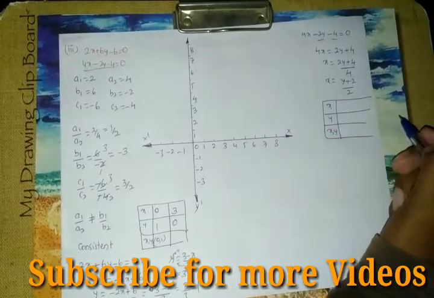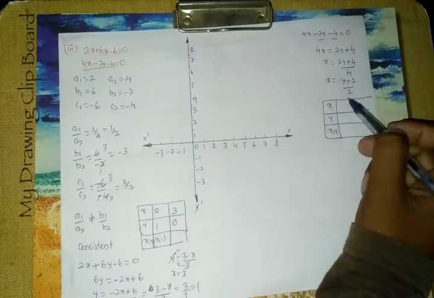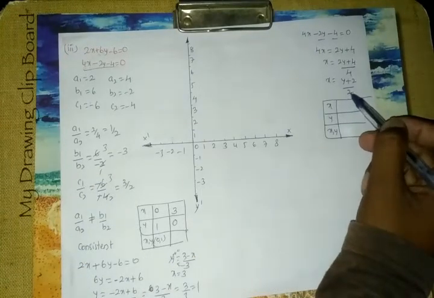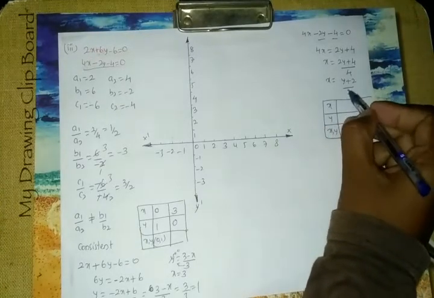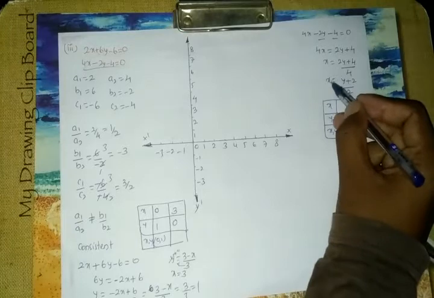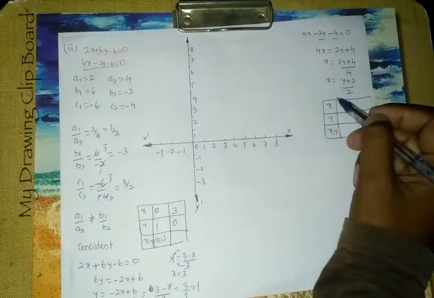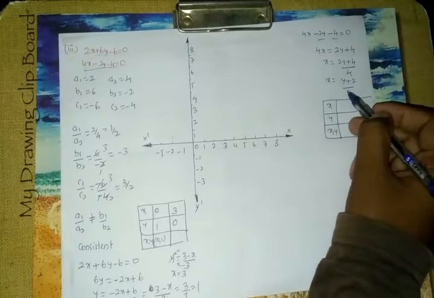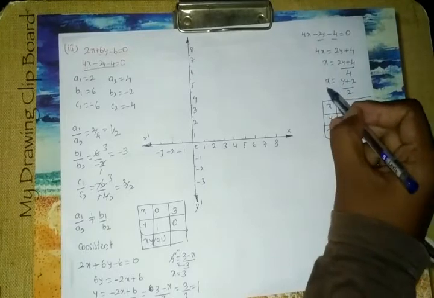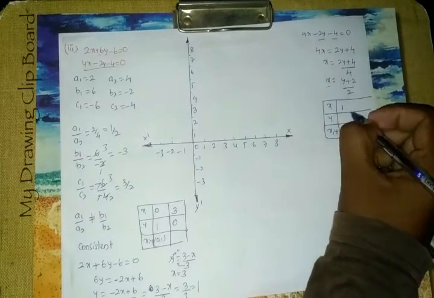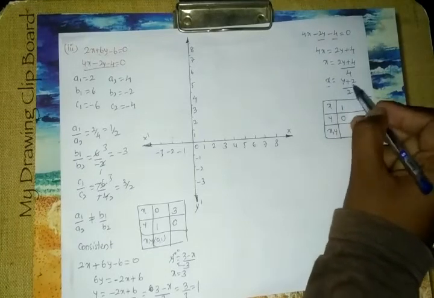Okay, so let me draw a table containing x and y. If you put the y value as 0, it will be x equals 2 by 2, which is 1.